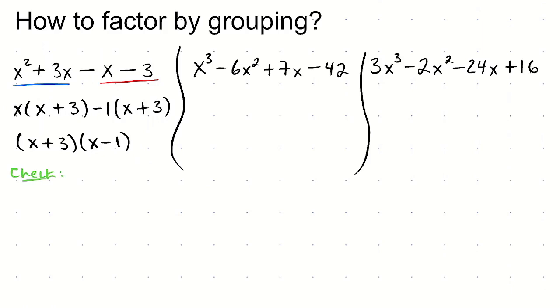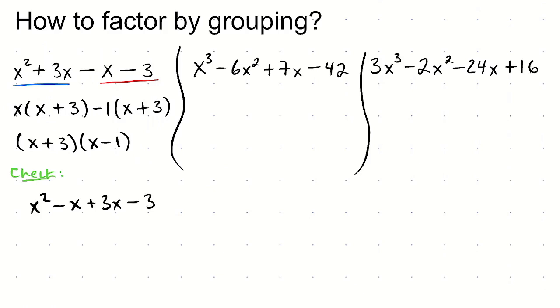So I'm going to take x times, here I'm going to use my laser pointer, x times x, x times negative 1, 3 times x, and then 3 times negative 1. So that's first, outside, inside, last. That's FOILing. So we get x squared, x times x, then x times negative 1 is negative x. 3 times x is positive 3x. And 3 times negative 1 is negative 3.